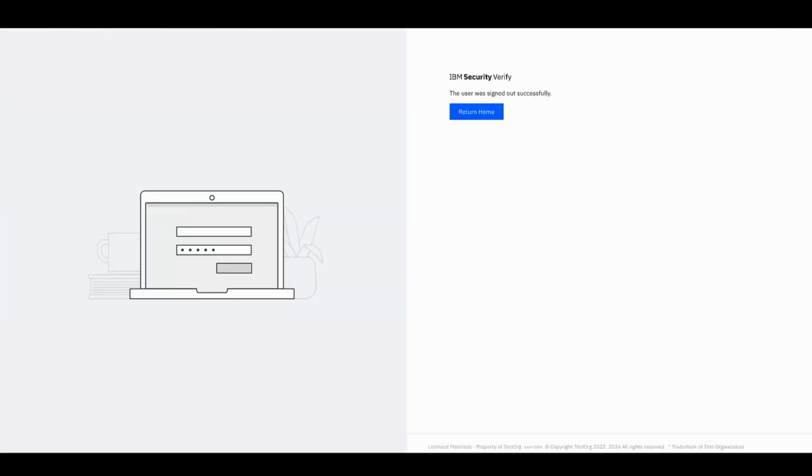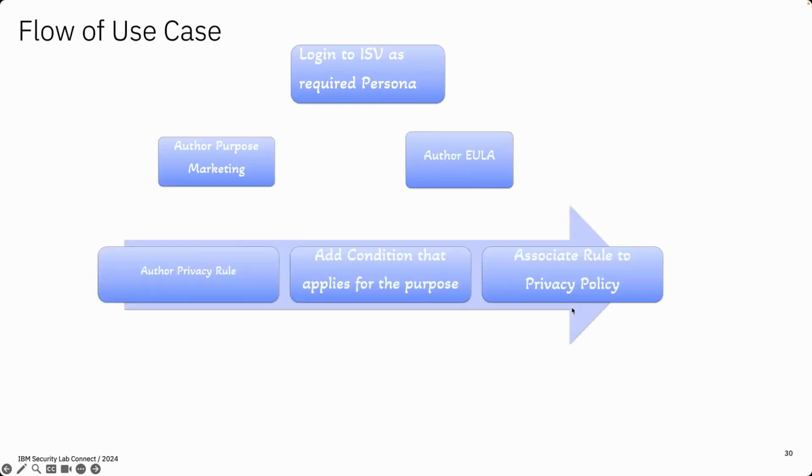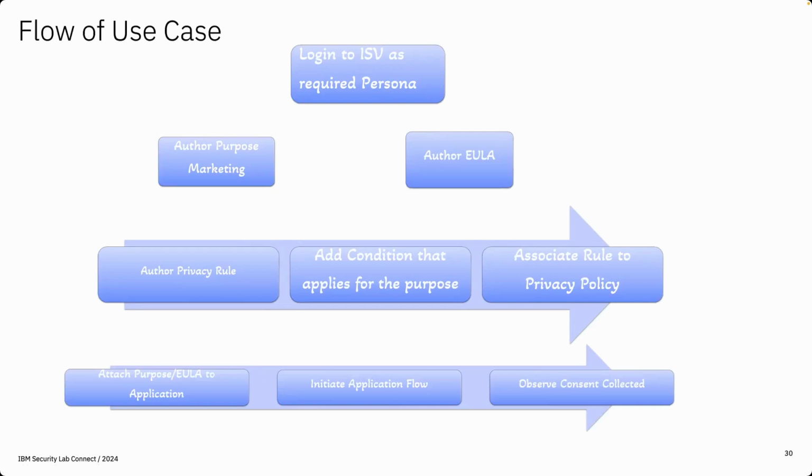Then I'm going to bring you back to the PPT here, just to recap what you saw. You logged into ISV as the required persona, and then you created a purpose as marketing, and also created an EULA. Then you created a privacy policy, added a condition into that rule, and then associated that rule to the privacy policy.